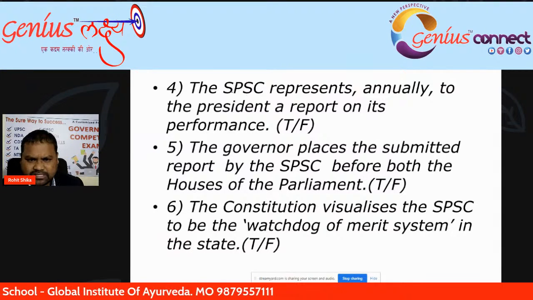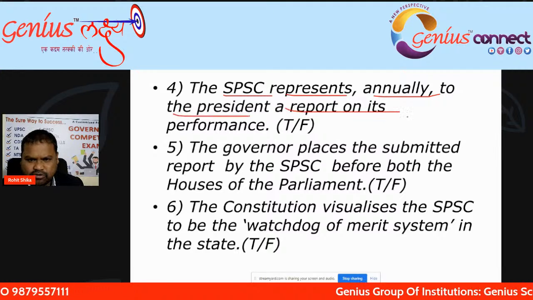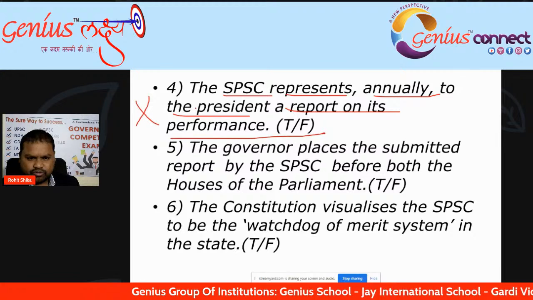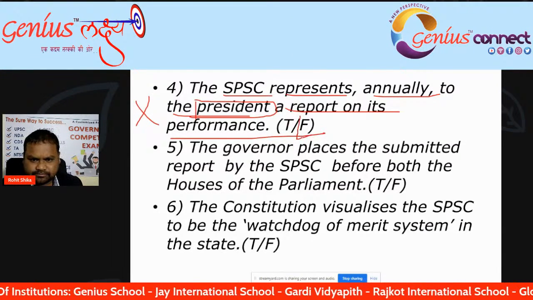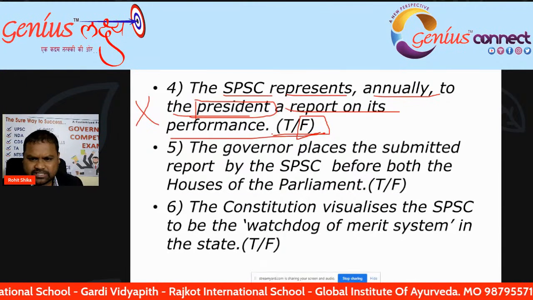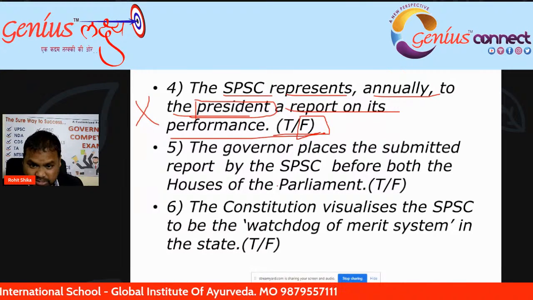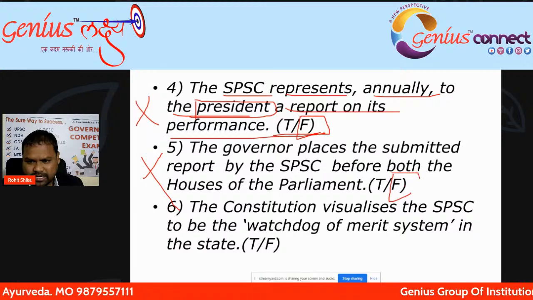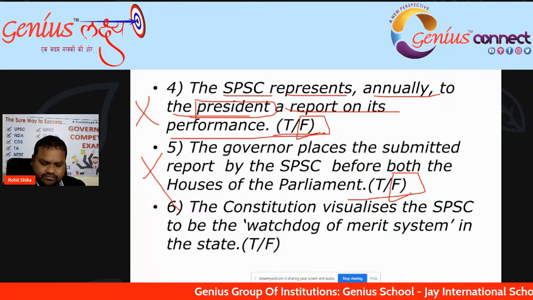The State Public Service Commission presents annually to the President a report on its performance. Wrong answer. It does not submit the report to the President, but it submits the report to the Governor. The Governor places the report before both the houses of Parliament. No, not both the houses of Parliament, but yes, both the houses of the state legislature.